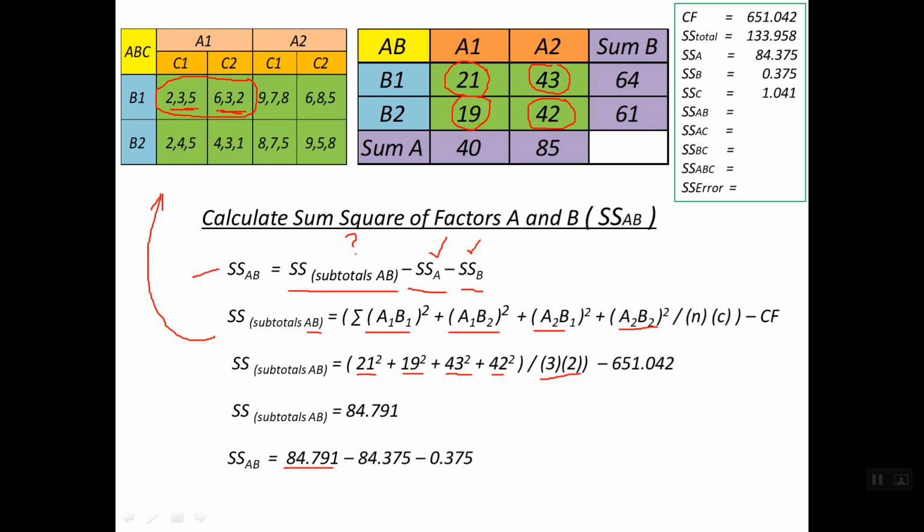This value represents the SS for the subtotal A and B. This is SSA. You can easily get it from the table in the corner. And this is SSB. So the value for the SS between factors A and B is simply 0.041.